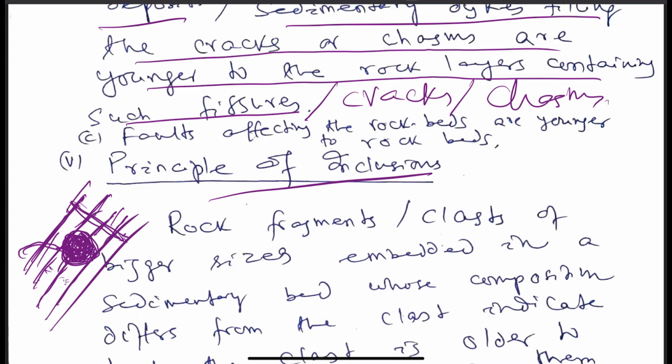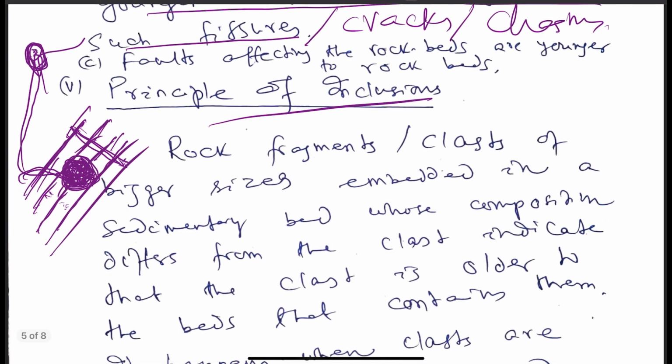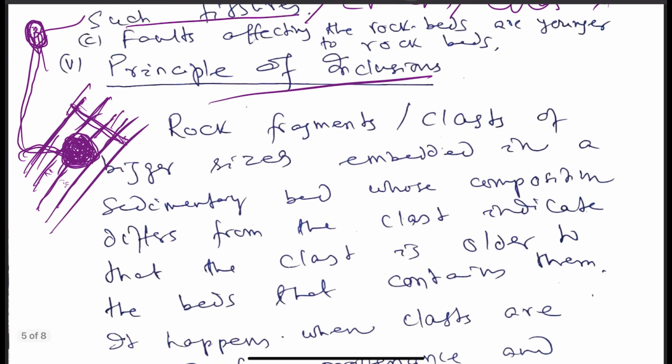It was having a source here, let us say, in hill mass. From the hill mass, this has been brought down and deposited here. So this was existing previously. Now it has been transferred and it has become a part of the sedimentary sequence. So this is called the inclusion.